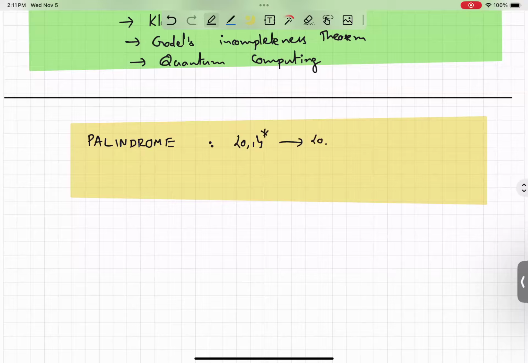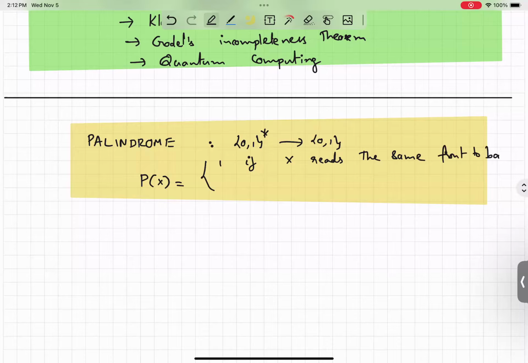Once again, for any programming language that you can think of, if you want to do this using a Turing machine, it's going to be a little bit tedious, but it's fine. We'll do it once or twice. So palindrome is a function. I'm just going to call it P of x, which is 1 if x reads the same front to back, and 0 else.